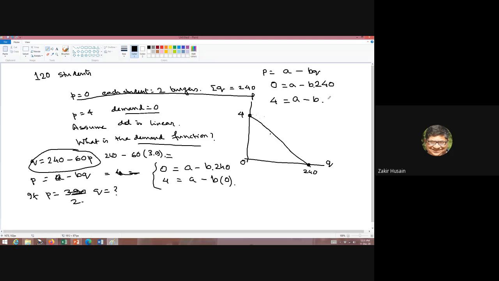Then when price is 4, what is quantity over here? 0. So 4 equals A. Now plug this in over here. You get 4 minus 240b equal to 0. So b is equal to 60. Now you can write this.